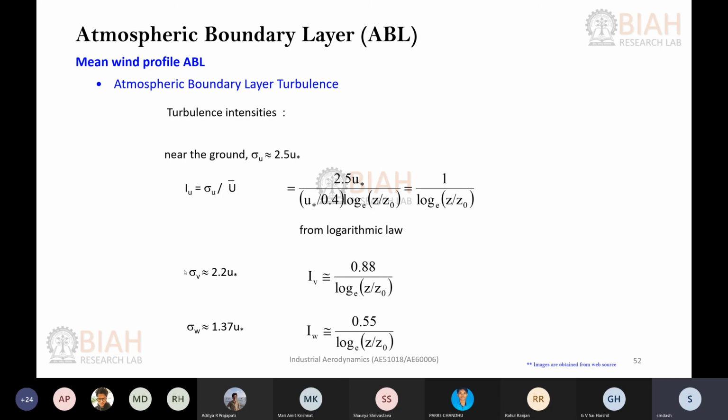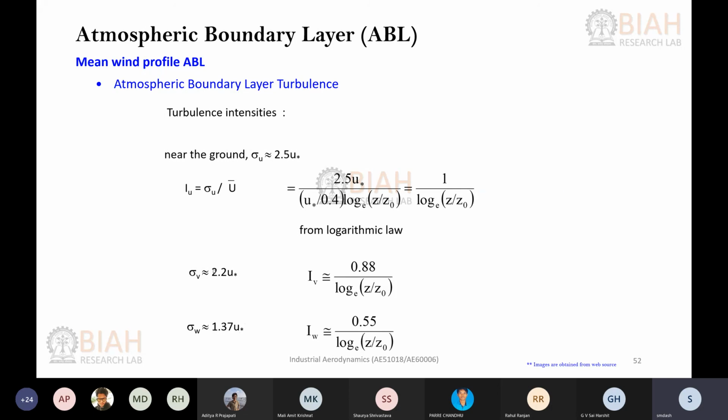Similarly, you can approximate sigma v, the standard deviation of the fluctuation along the v direction, as 2.2 times u star, and sigma w along the z or vertical direction as 1.37 u star. Here u star is your frictional velocity.